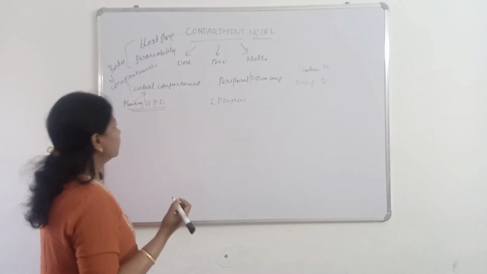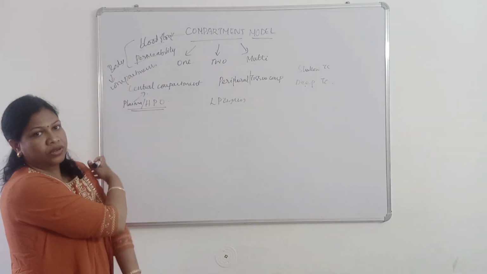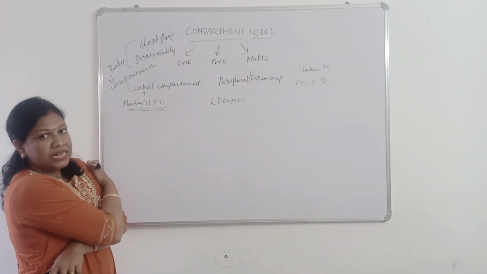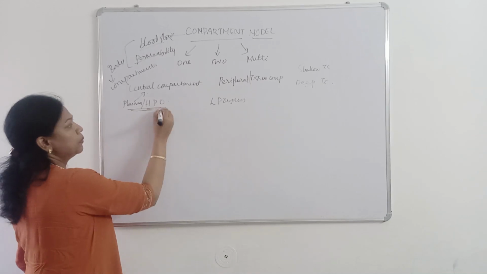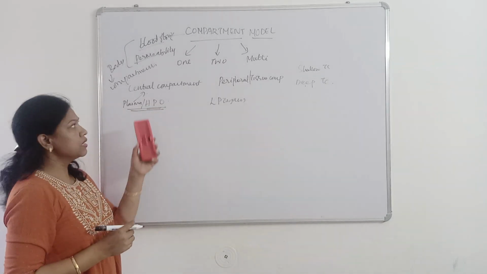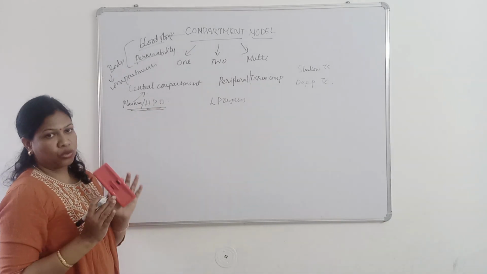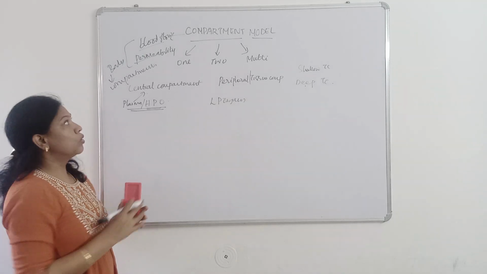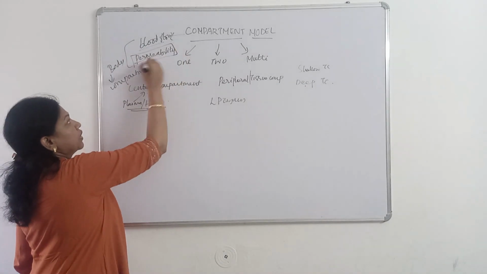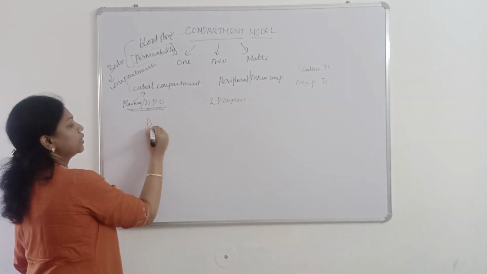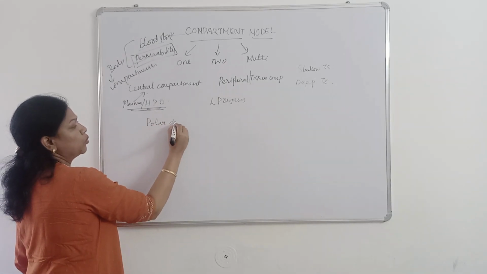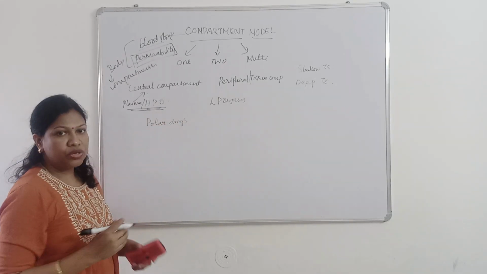Got it? So we have different organs. I told you all the highly perfused organs will be placed in the central compartment, but not always. It also depends upon the permeability of the drug. Consider if the drug is polar in nature. Polar drugs are water soluble in nature.